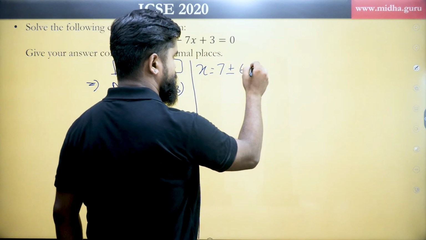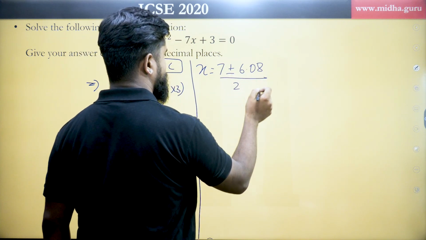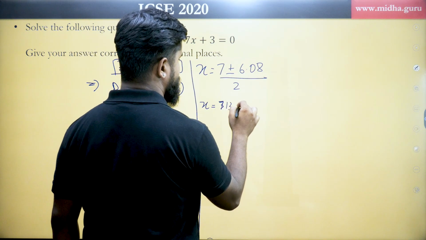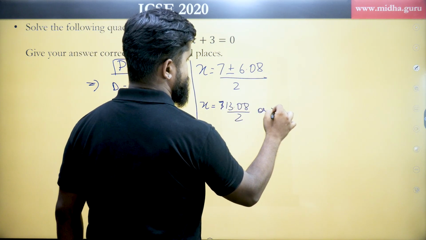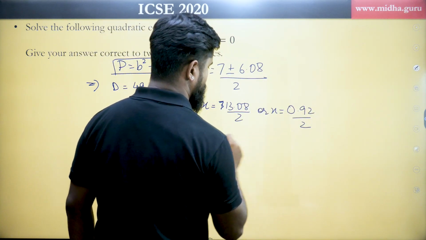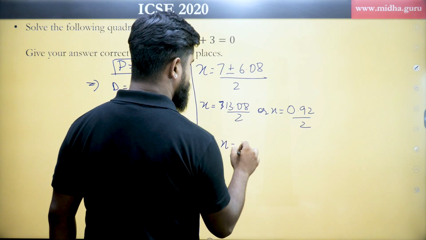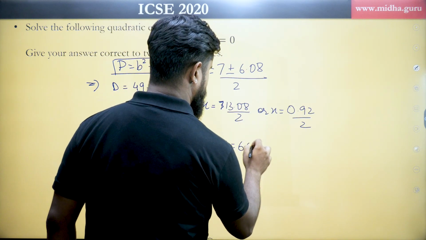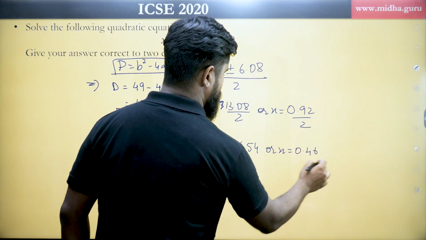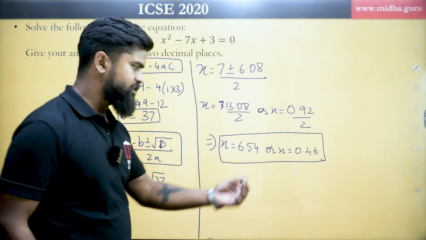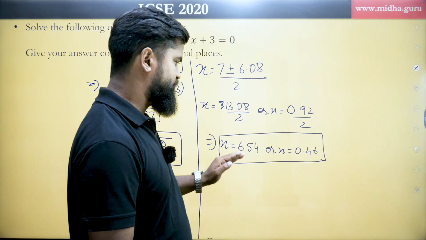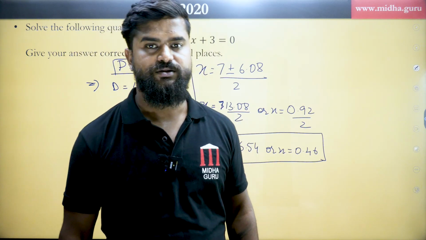It is 6.08 and divided by 2. So x is either equal to 7 plus 6.08, which will be 13.08 divided by 2, or x is equal to 7 minus 6.08, which will be equal to 0.92 by 2. So x will be equal to 6.54, or x is equal to 0.46. So these will be the values for the variable x in this given quadratic equation, 6.54 or 0.46.